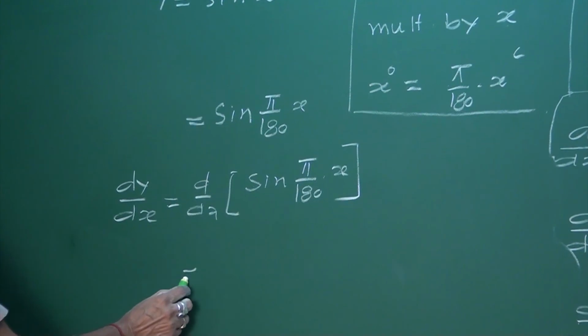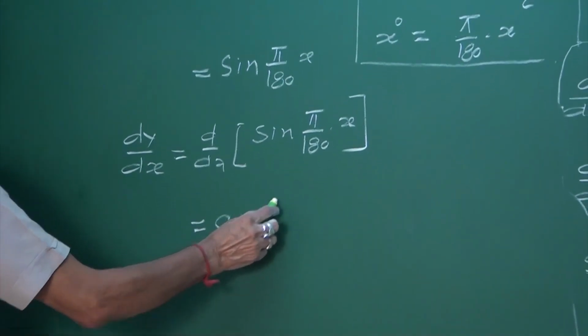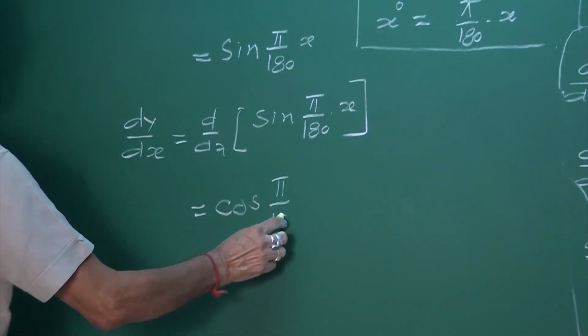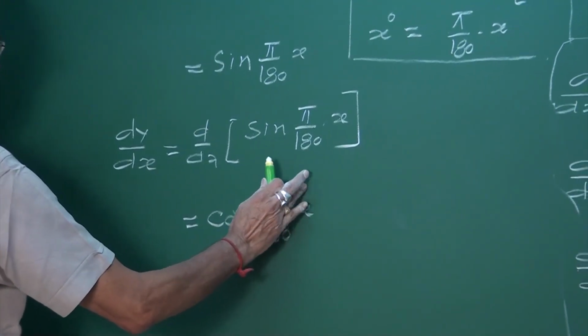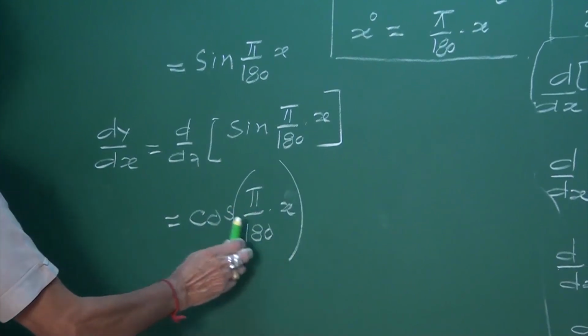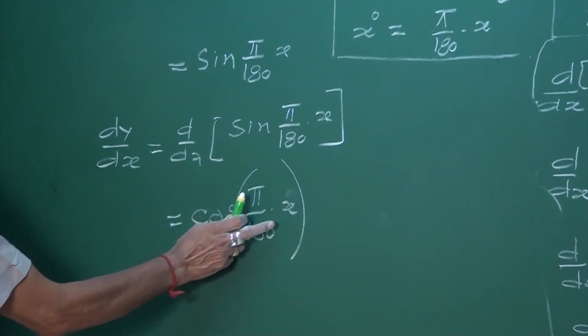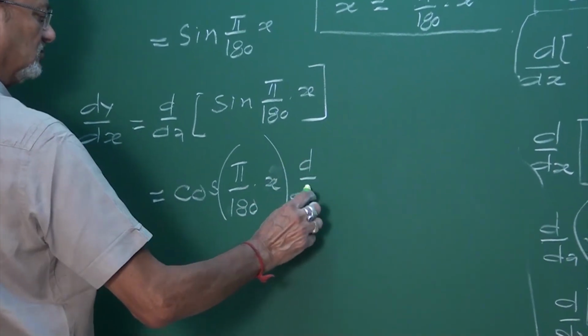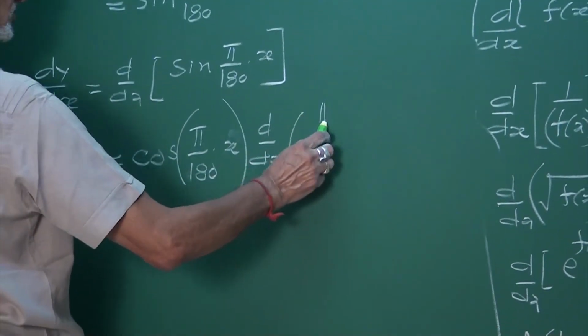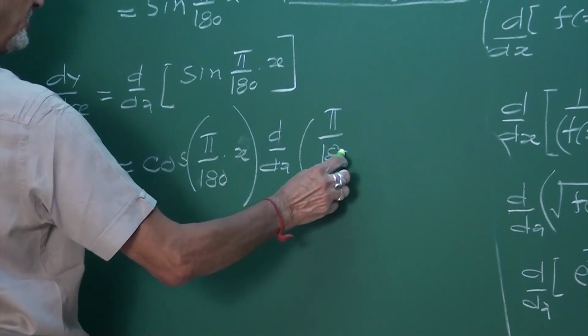What is the derivative of sine, my friend? Cos, angle as it is, into derivative of this angle, which is other than x. Tell what is its derivative? d by dx of pi upon 180 into x.